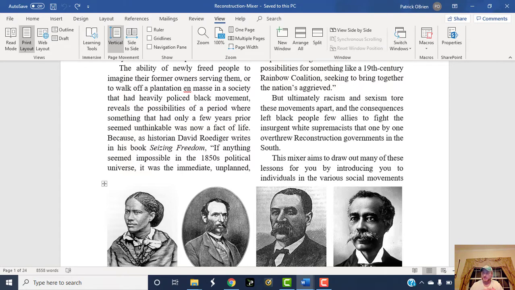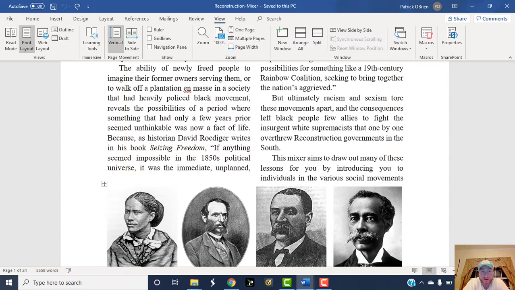In other words, the end of slavery inspired people to demand freedoms and opportunities that they never thought were possible a year or two earlier.